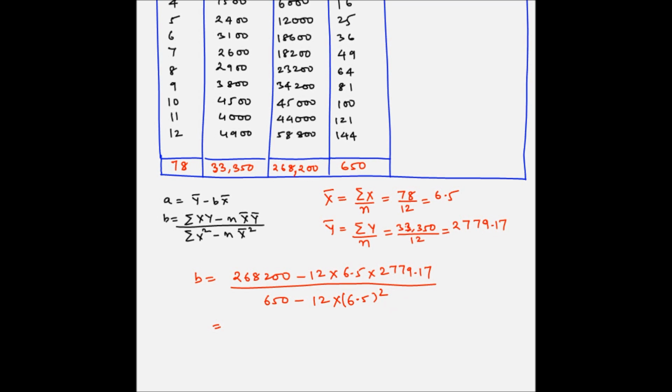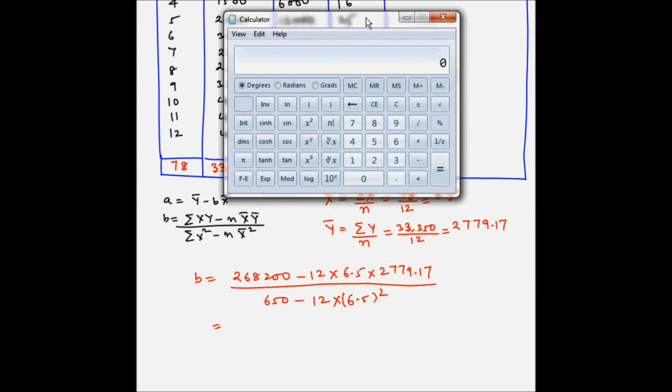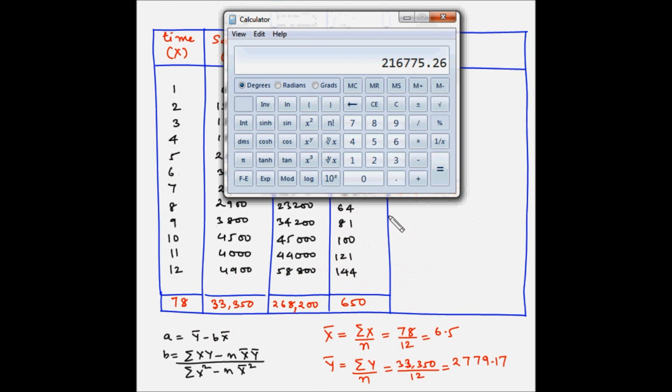So let me pull my calculator here. 12 multiplied by 6.5 multiplied by 2779.17. Enter. So this is 268,200 minus this value here.